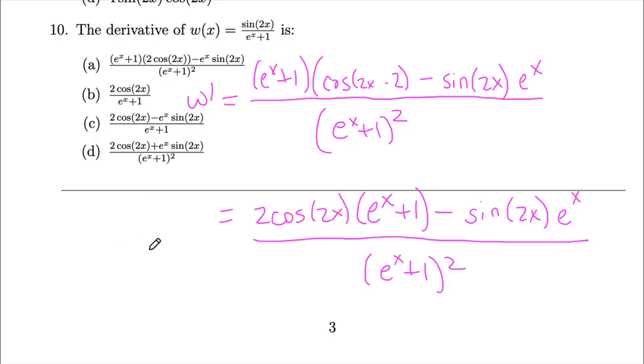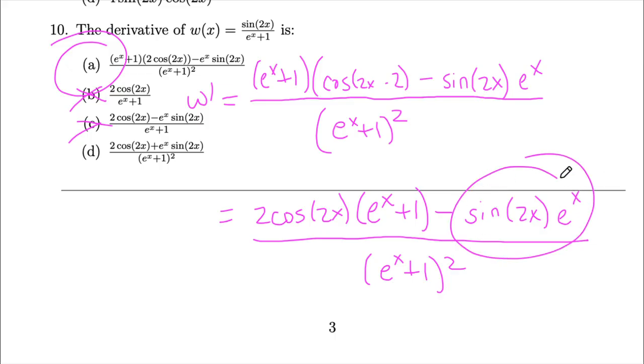Now let's look through our answer choices. I'm immediately eliminating those because the denominator is not correct. And then let's take a look at A and D. It looks like it would be answer choice A. The only difference there is they just rewrote these terms in the other order, but of course that is equivalent. All right, let's move on.